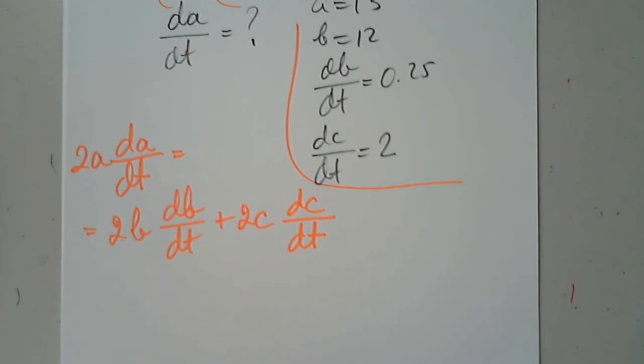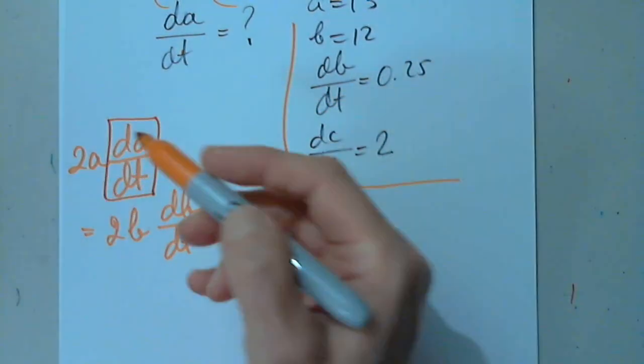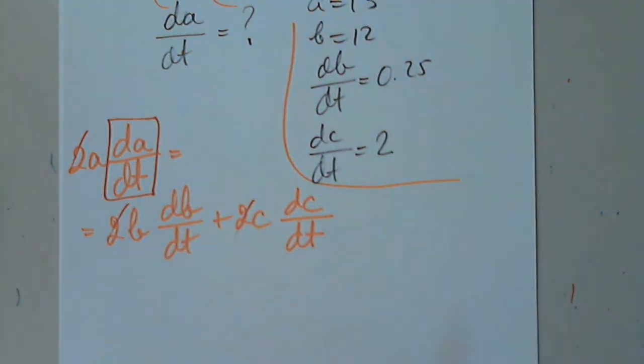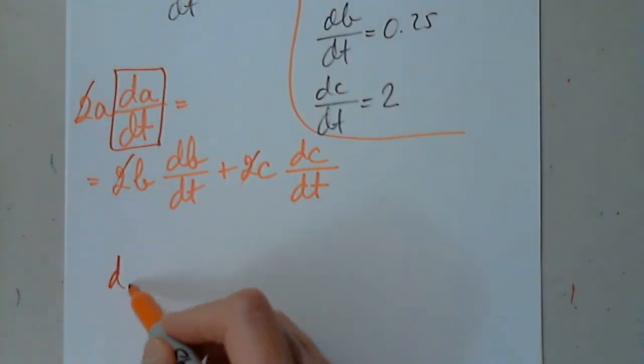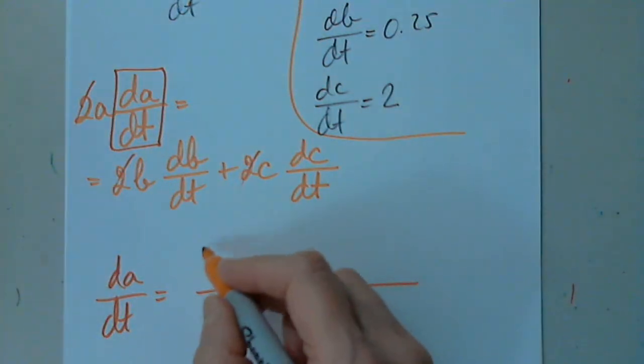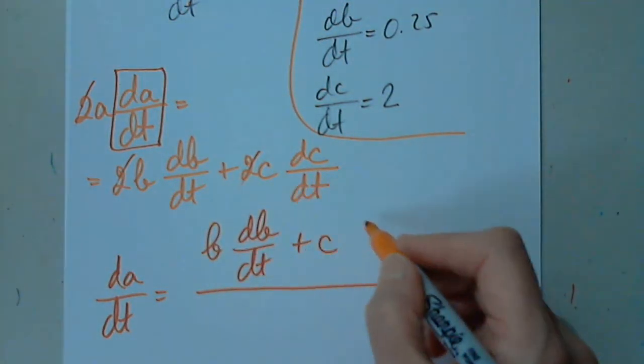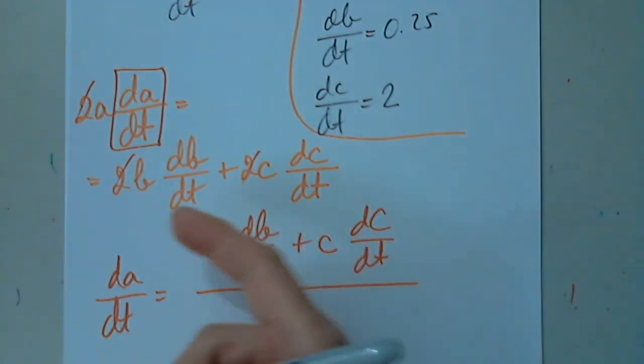They're asking us to determine dA over dt, so I'll simplify both sides by 2, and I will write that dA over dt equals b dB over dt plus c dC over dt, over a.